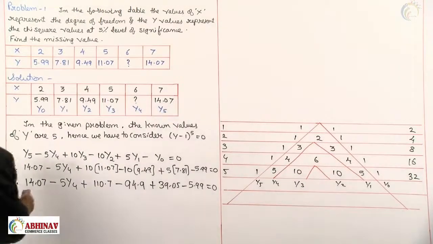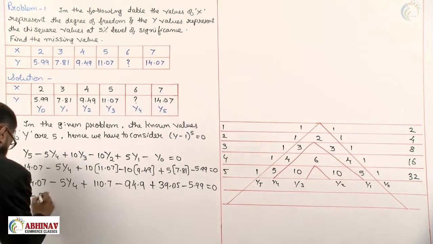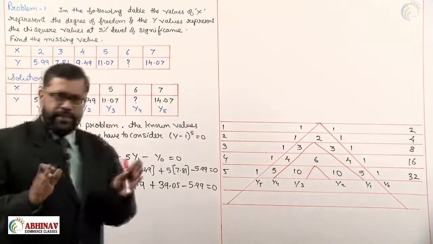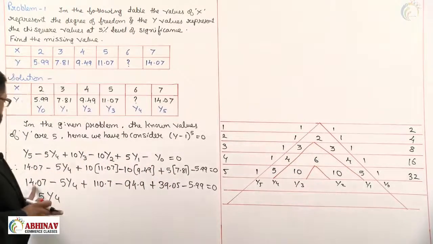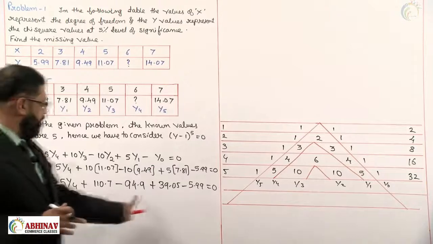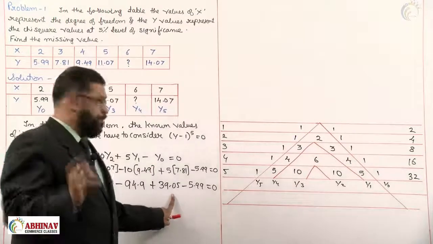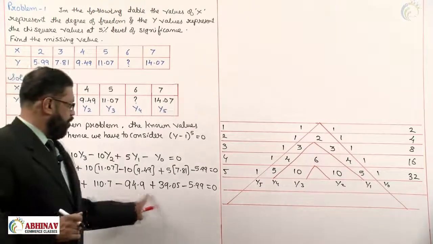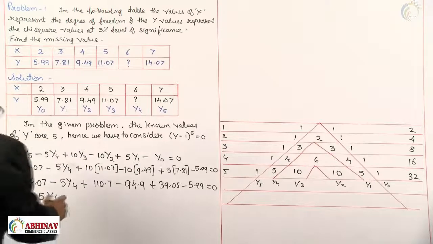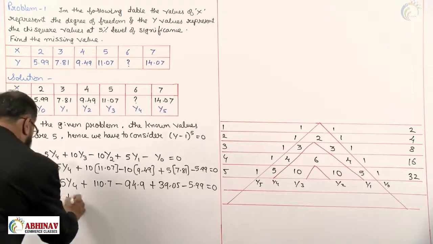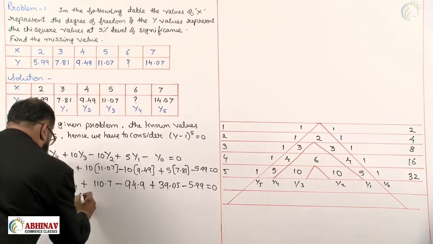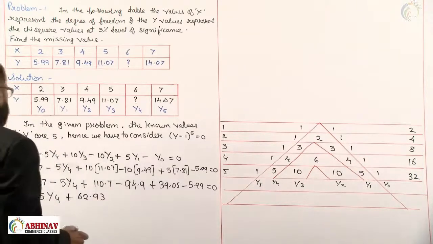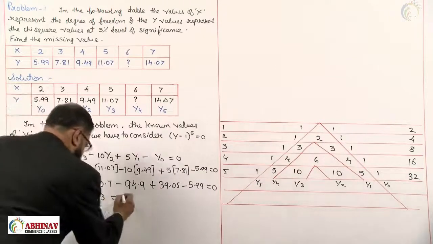Now we'll solve it. First, add all the plus numbers: 14.07, 110.7, 39.05. Then minus the minus numbers, 94.9 and 5.99. What we get is plus 62.93, minus 5y4, is equal to 0.